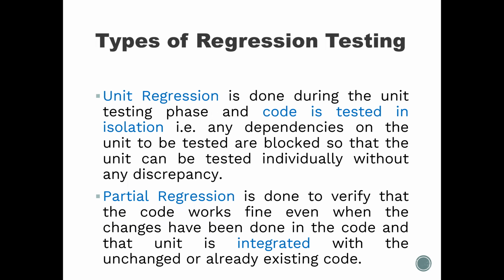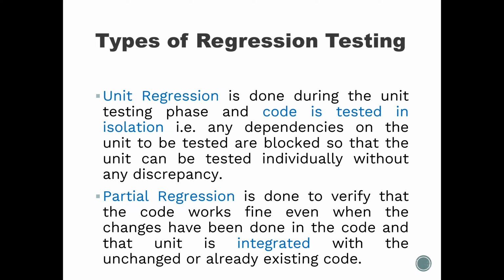So the next thing is we are going to have three different types of regression testing. I will not go into much detail because it is clear from the slide that unit regression talks about a certain unit, meaning a certain function.